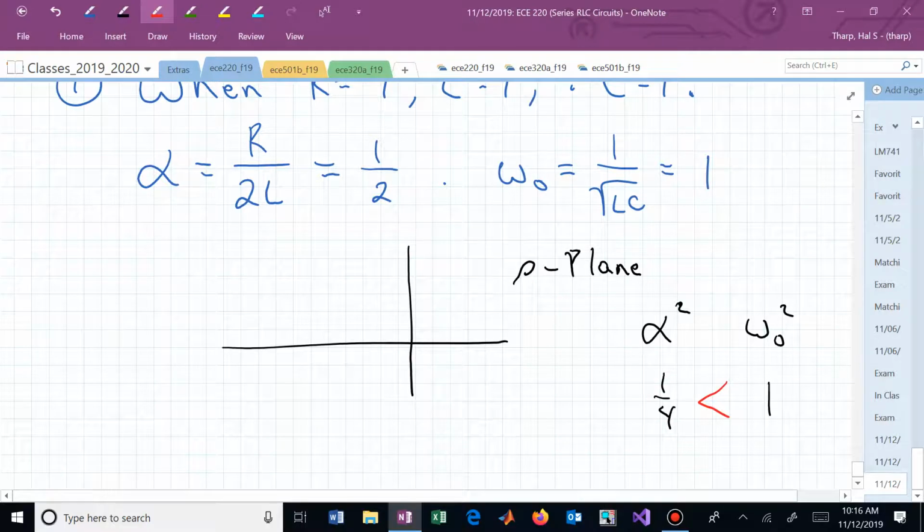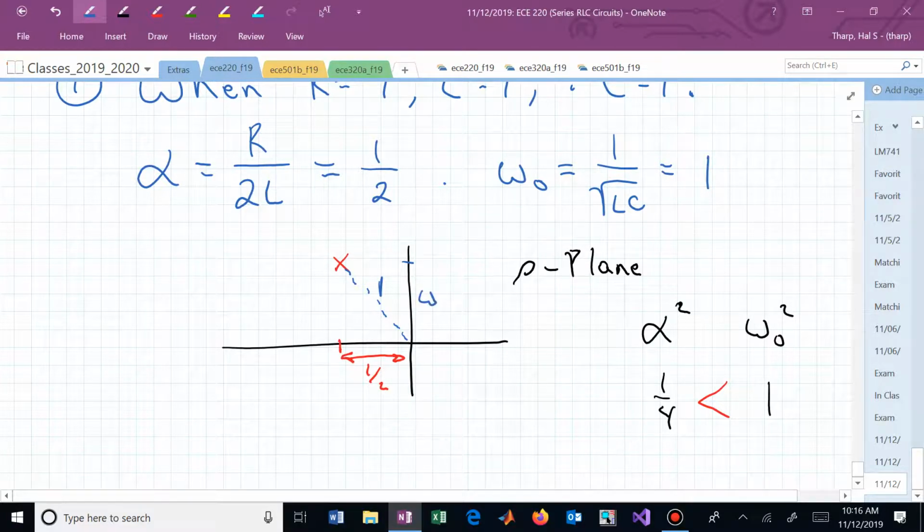1/4 is less than 1. What does that mean? Does that tell us anything? We now know that this distance is alpha of 1/2. This distance is 1. And we can now find the opposite side of this right triangle.